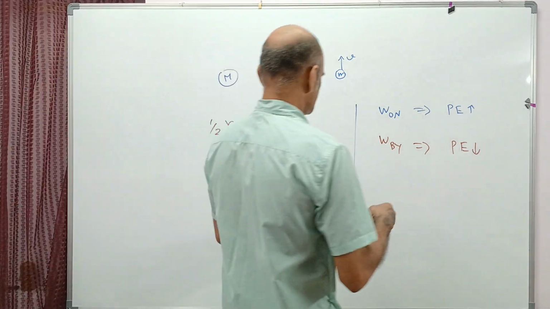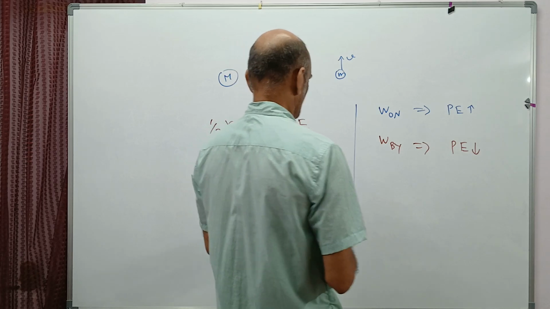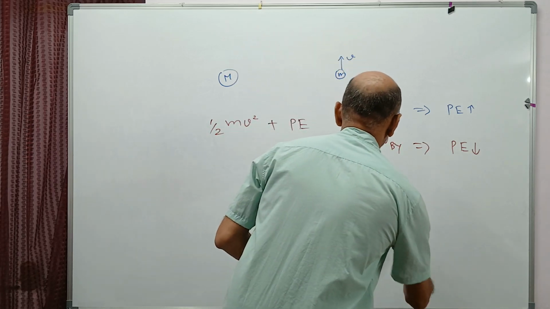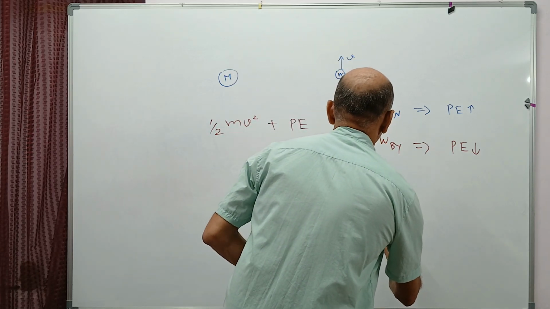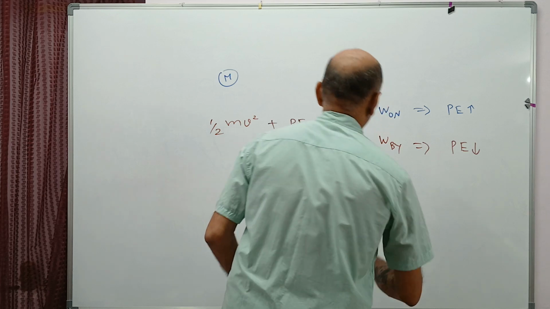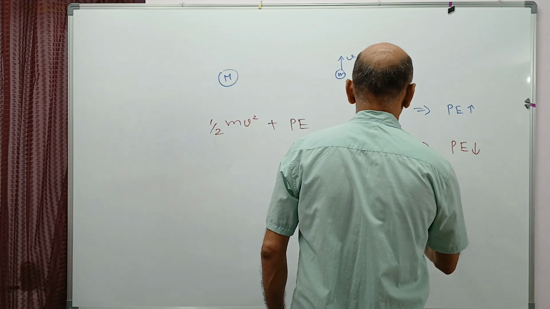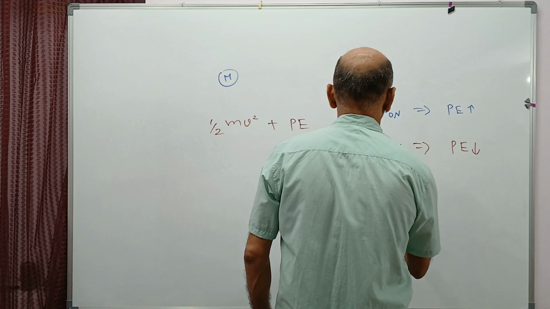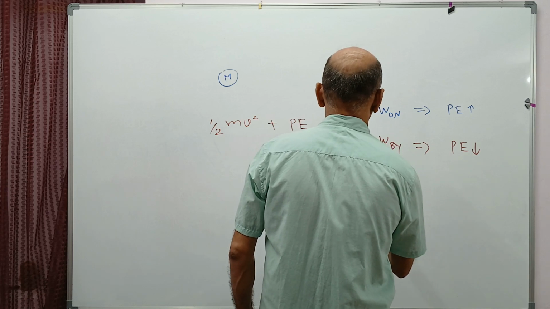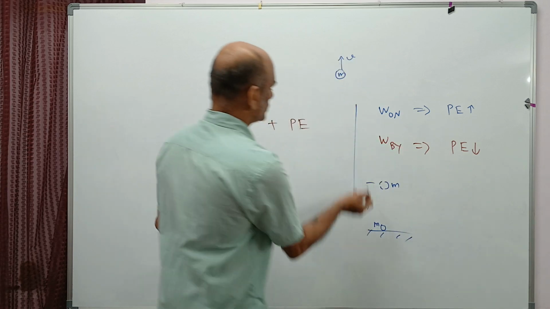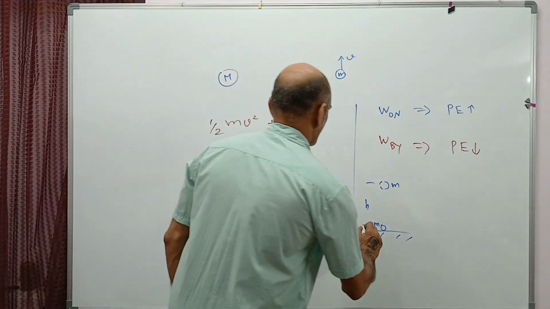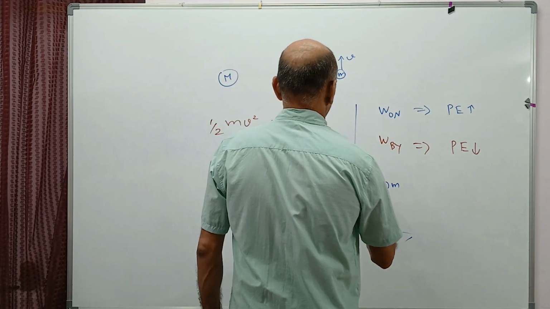An example of this is, say this is Earth's surface, and the mass is here initially, and I'm raising the height of this mass to this height, say h. This is the initial state, and this is the final state.